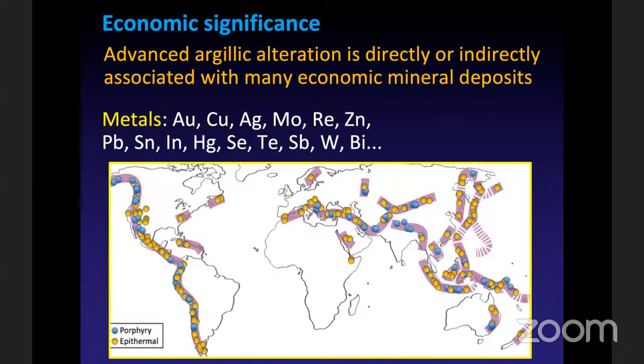And I don't think I exaggerate if I say that a good half of these deposits around the world, or more than half, have an association, show minerals grouped under the advanced argillic association term. And obviously, within the porphyry, we're talking about the main source of copper, rhenium, osmium, molybdenum for society.